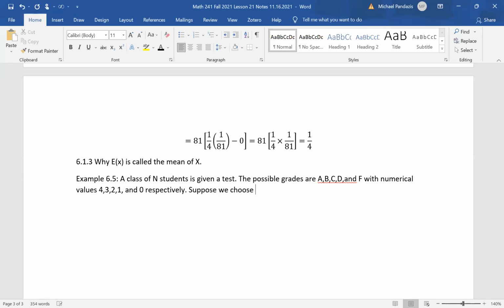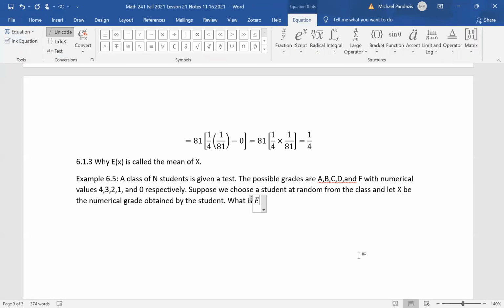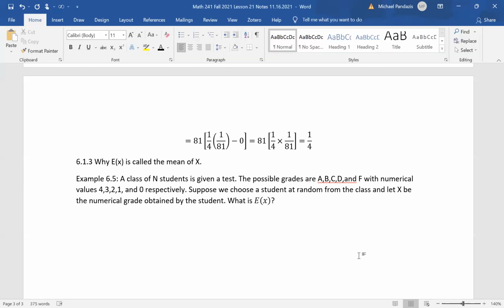Suppose we choose a student at random from the class and let capital X be the numerical grade obtained by the student. What is E of X? What is the expected value of X in this situation, in this experiment?